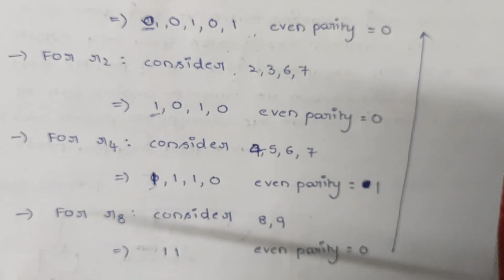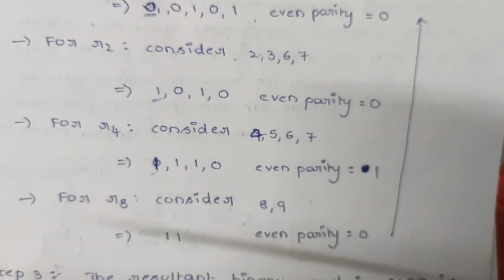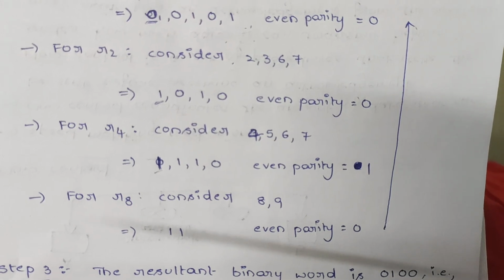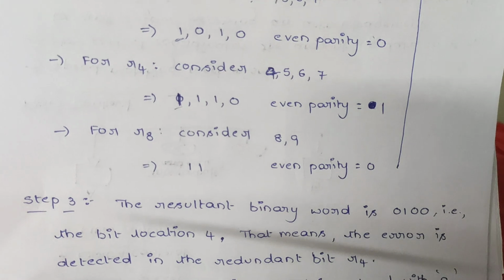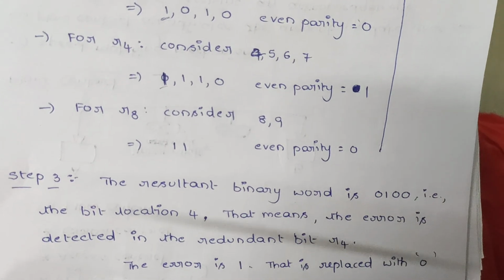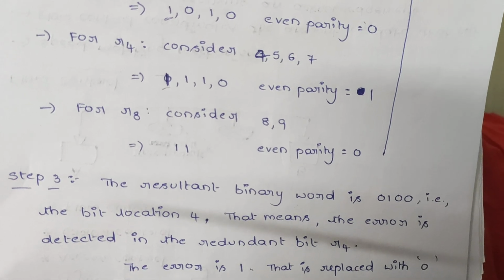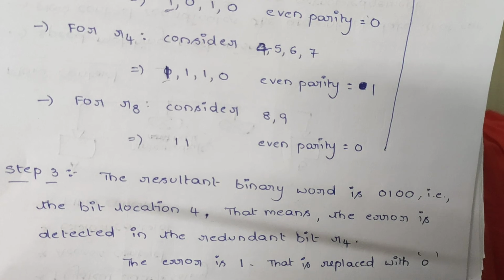From the parity values, from bottom to top, we consider the values as 0, 1, 0, 0. That is nothing but bit location 4. That means from the resultant binary word, bit location 4 has the error. The error is detected in the redundant bit R4.